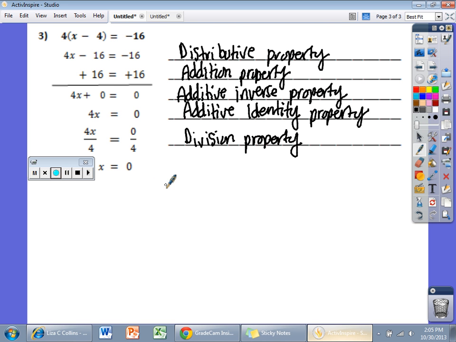Alright, so for homework, you're to finish this worksheet up, numbers 4 through 6, practicing your properties, and you're also doing numbers 6 through 18 even on the other worksheet that we started in class.